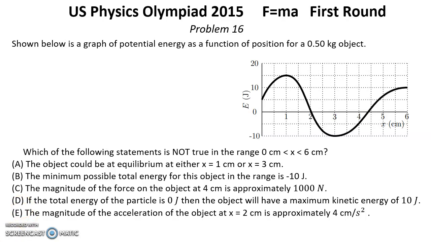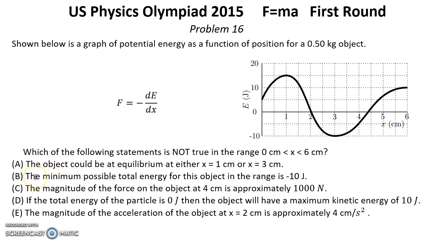Equilibrium position is defined by force equal to 0. So in a graph it means that the slope at this point must be equal to 0, which is at 1 centimeter and 3 centimeters. At point 1 we have unstable equilibrium, and at point 3 we have stable equilibrium. So A is not good.